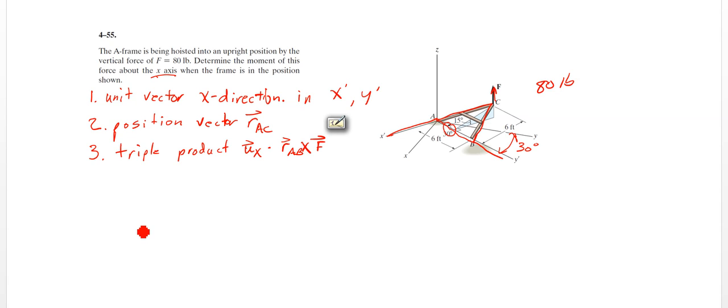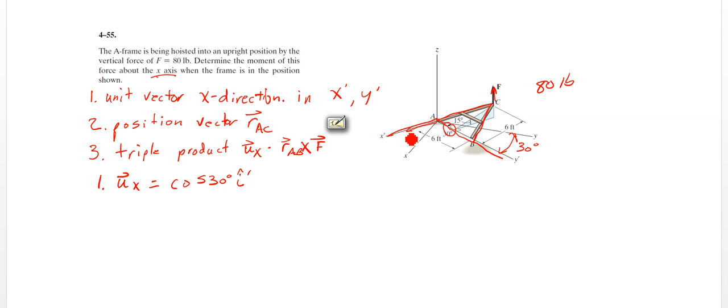So step 1, U of X. We're looking here in terms of X prime and Y prime. We have this component in the X prime direction, so that will be cosine of 30, and we'll call that I prime.